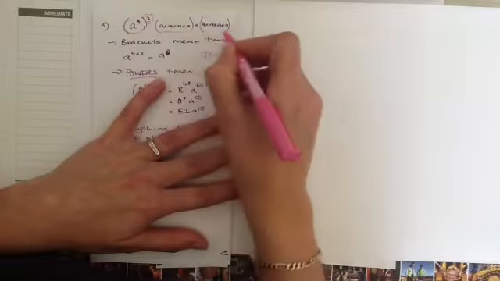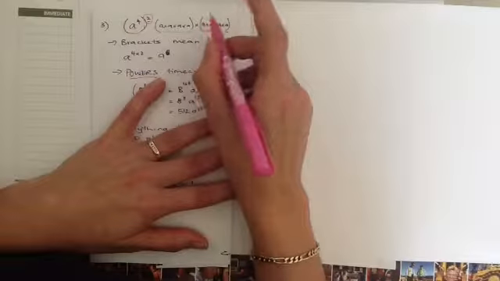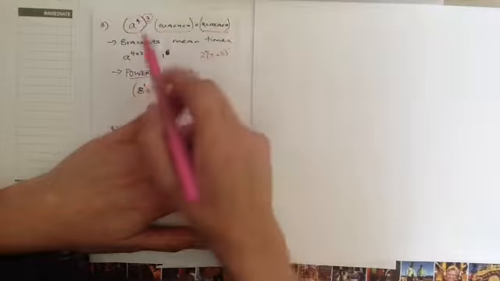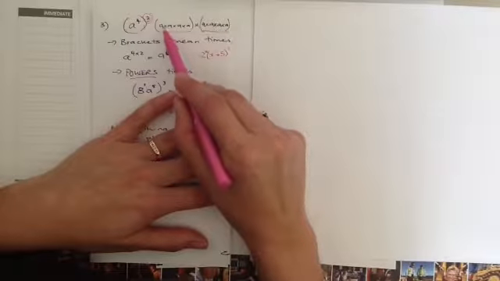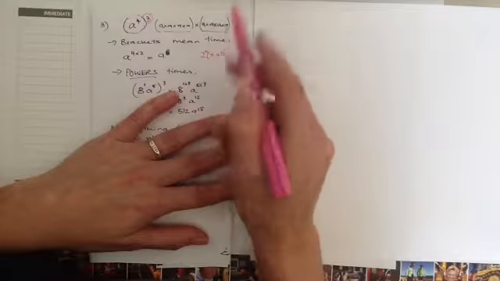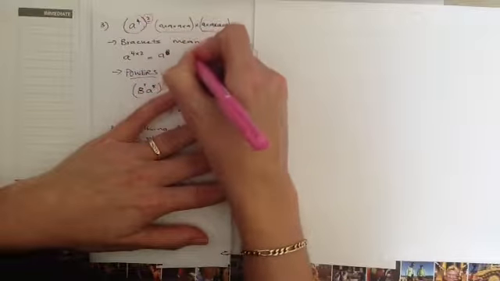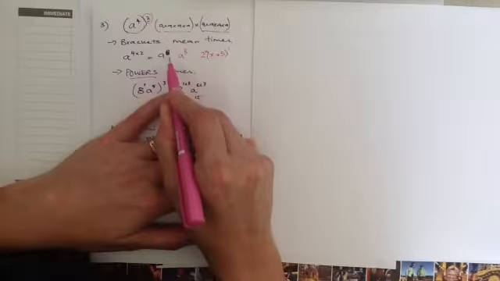That's another one of those whole things multiplied by itself twice. So if we count all of those together, because they're now all multiplied together, 1, 2, 3, 4, 5, 6, 7, 8, we would end up with a to the power of 8. That is meant to look like an 8, sorry.